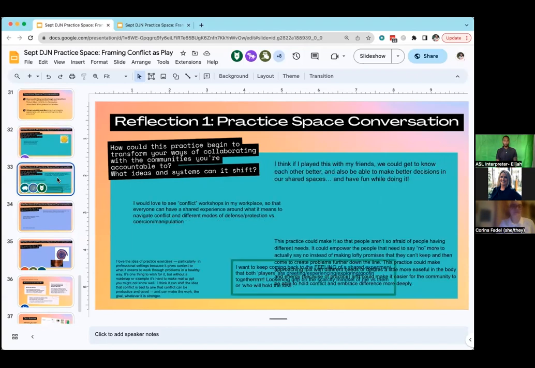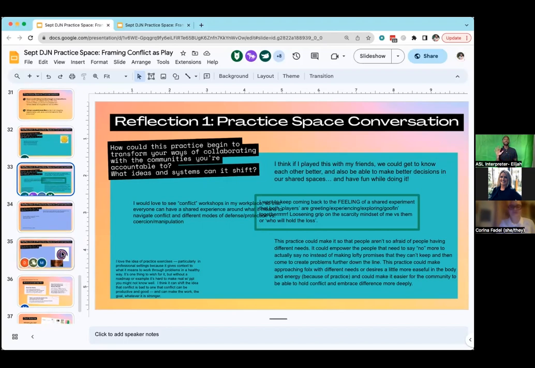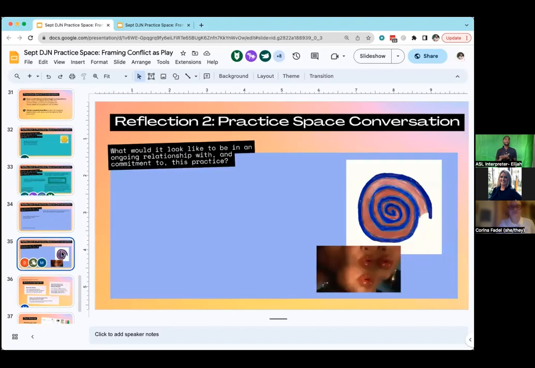I'll share one thing. Mine's on slide 35. I put a couple of images, thinking about the looping and the repetition and the broken record that was happening. And also, I have to remind myself that in any moment of practice or healing or trying to undo or unlearn anything, it's very likely that I'm going to return to moments that I thought I had healed or learned or got right.